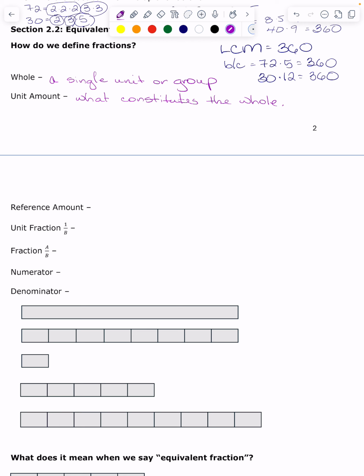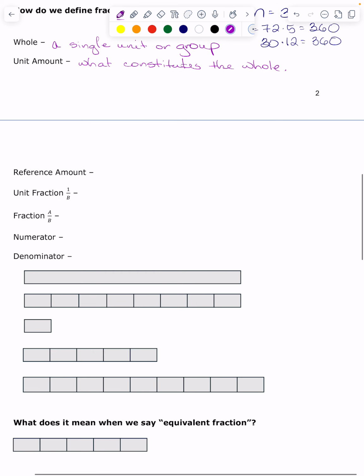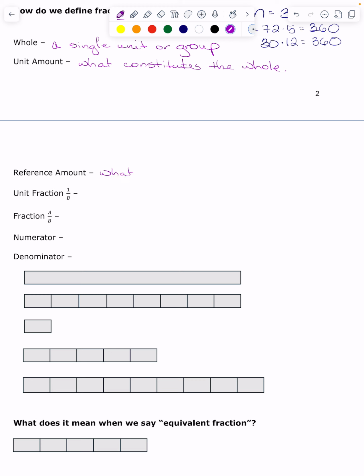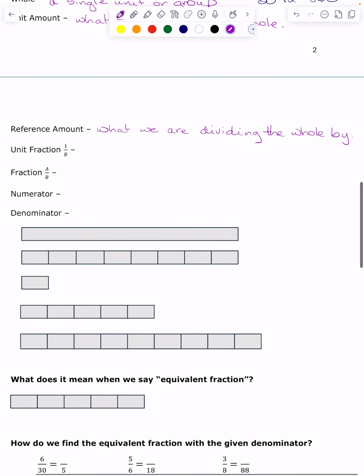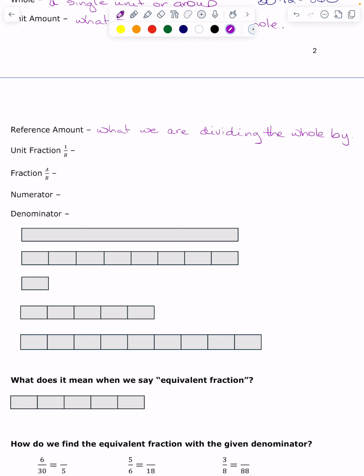Is it 14 bananas? Our reference amount is what we're dividing the whole into. We're dividing the whole by, and I wouldn't focus too much on these. So it's our B, which we see below.